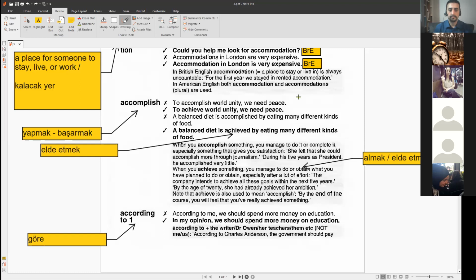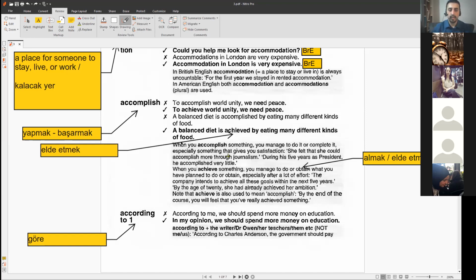A balanced diet is accomplished by eating many different kinds of food. A balanced diet is achieved by eating many different kinds of food. All right. The true sentence is: a balanced diet is achieved by eating many different kinds of food.